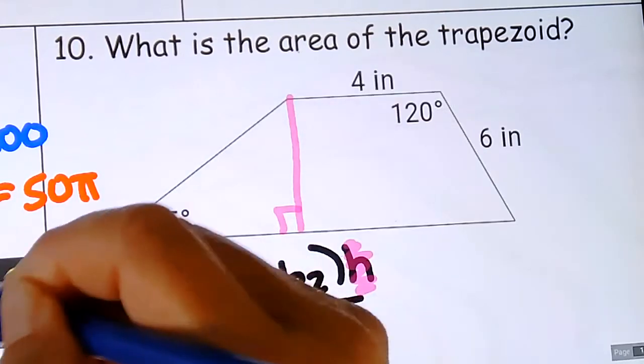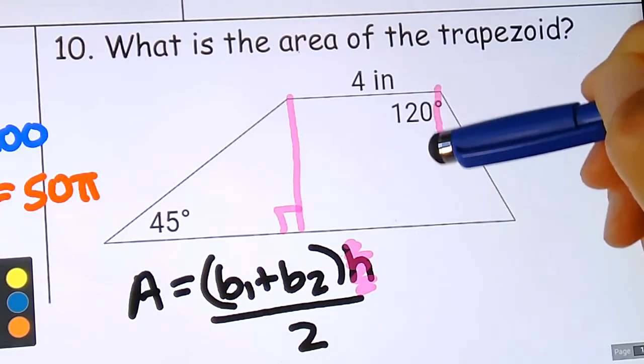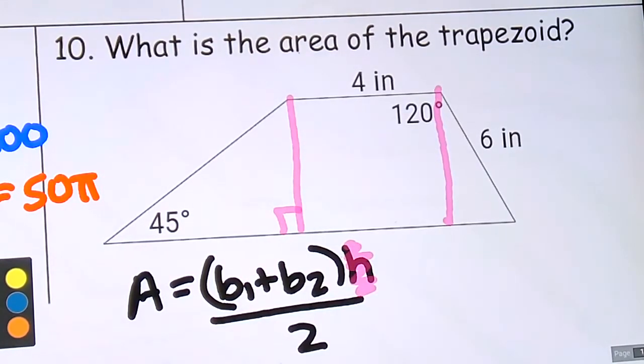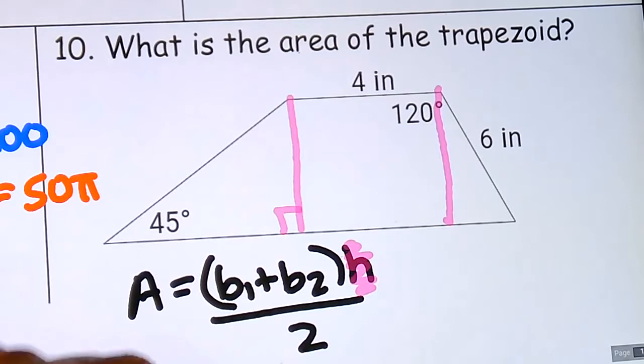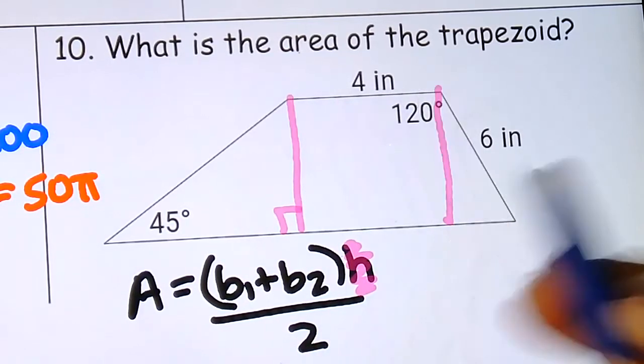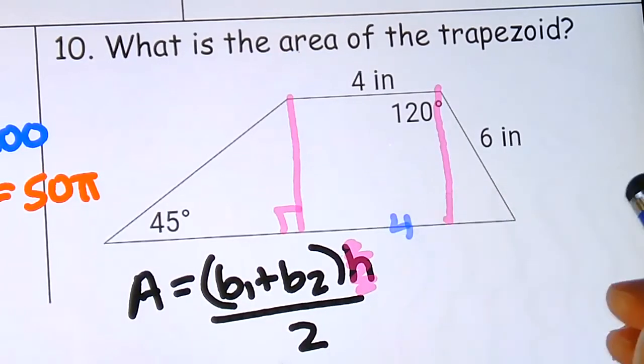Now also over here, this is going to be that same value. Now what we want to understand is the following. This is 4.